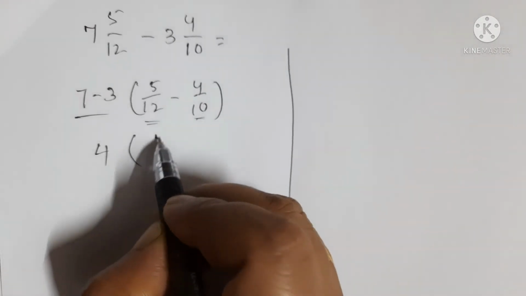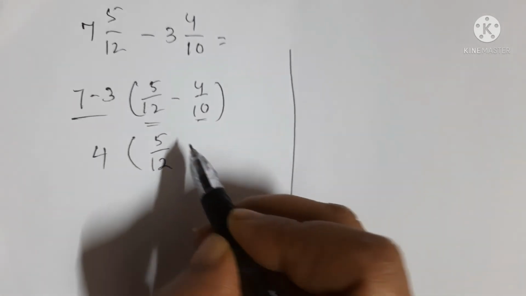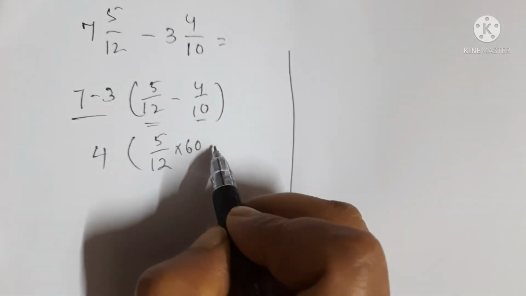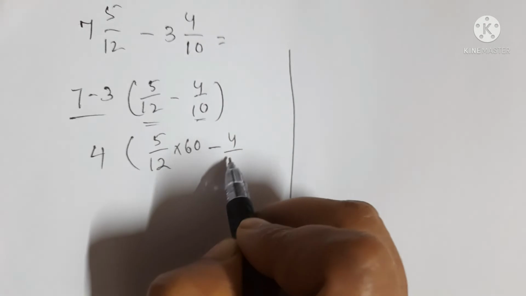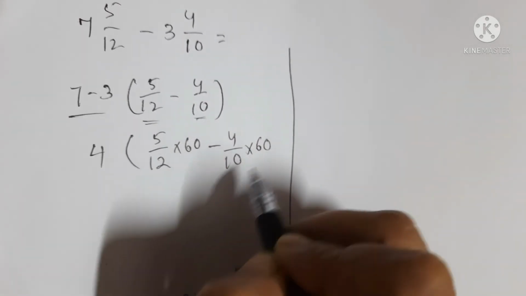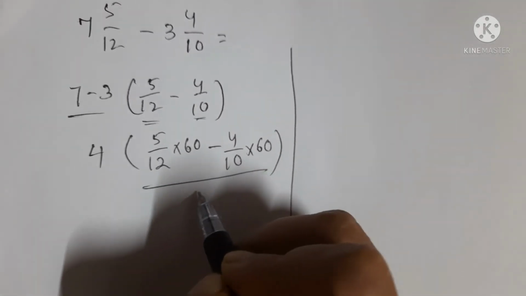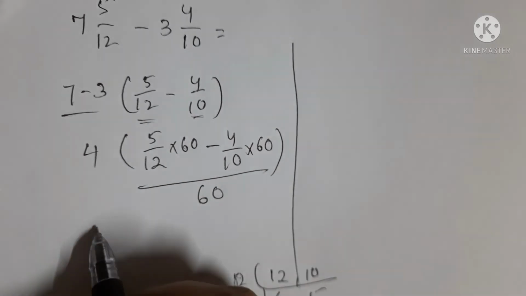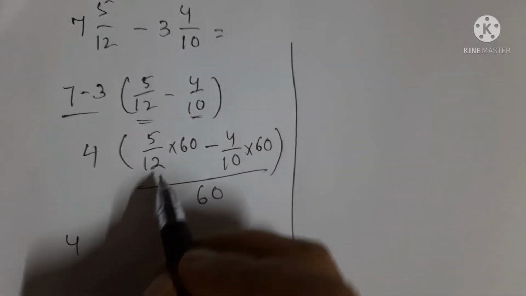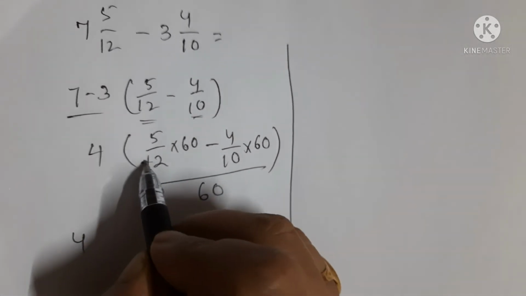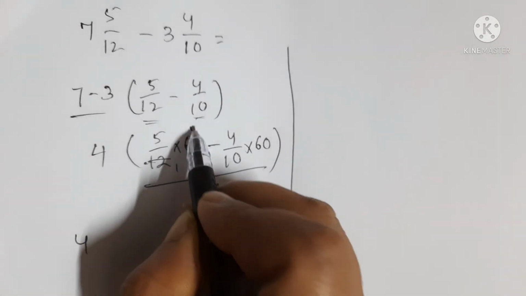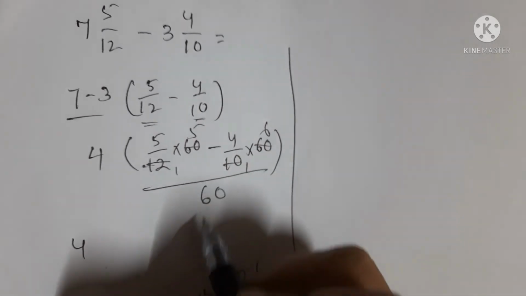Here 5 by 12, the process we will apply here, minus 4 by 10, multiplied by 60 whole by 60. Now here you need to cancel this. 12 1 ja, 12 5 ja, 10 1 ja, 10 6 ja.